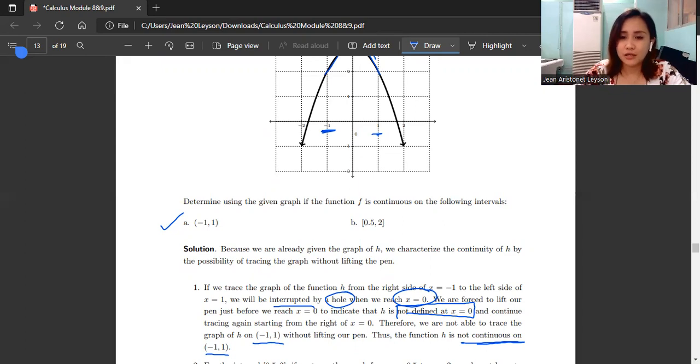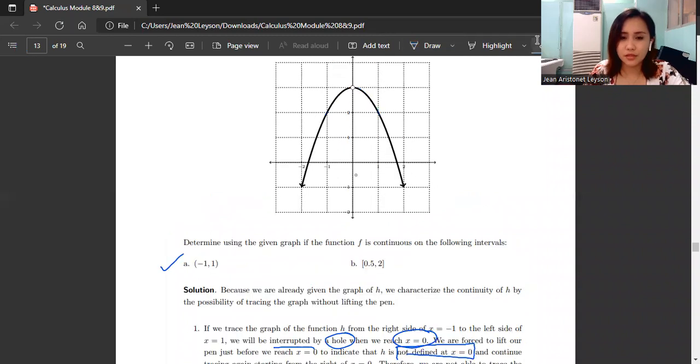Now for letter B. 0.5 is right here, going to 2. So from here, going here, what do you think? Is it continuous or not?